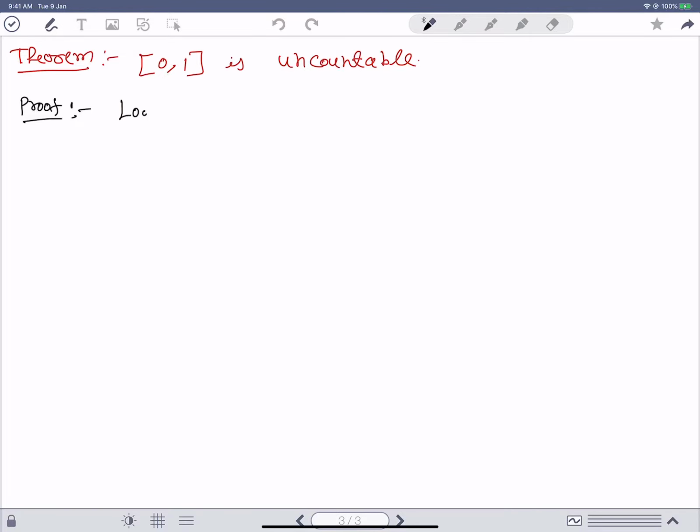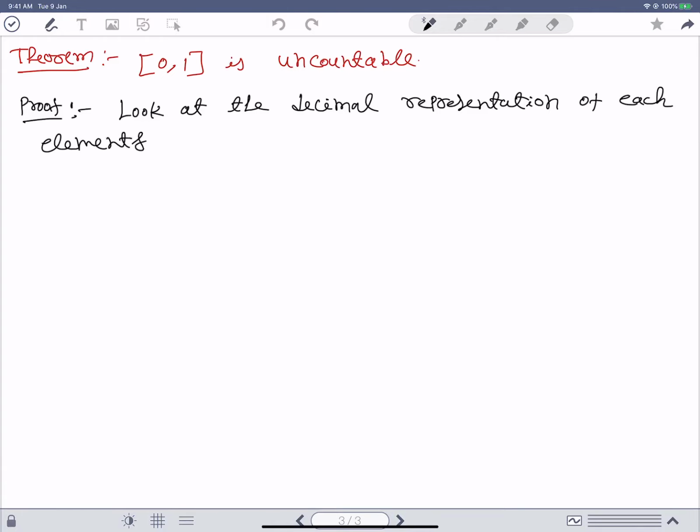First we look at the decimal representation of each element of the closed interval 0 1.